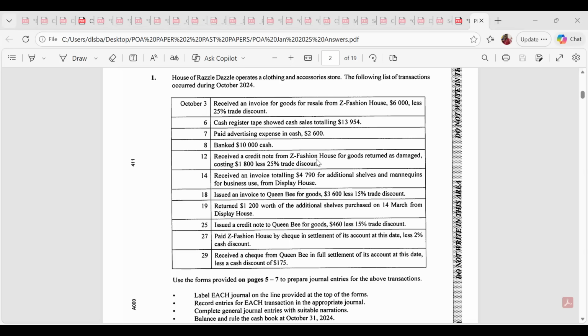So if they are selling the goods, that means we are doing what? Receiving the goods. Alright, so we'll be buying the goods, right? Yes, sir. Alright, and if it's an invoice, did we pay money for it? No, sir. Alright. So what journal would that go into? Purchases journal. Correct. And how much money would we record in the purchases journal?